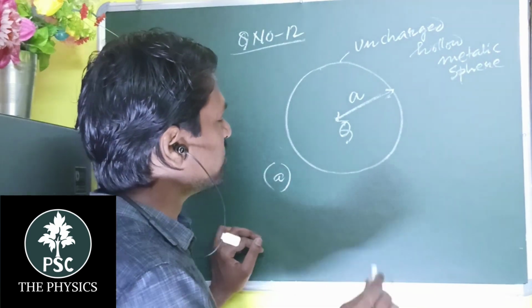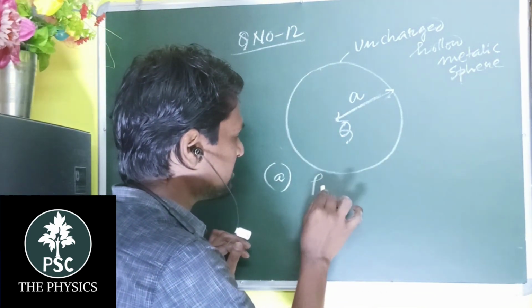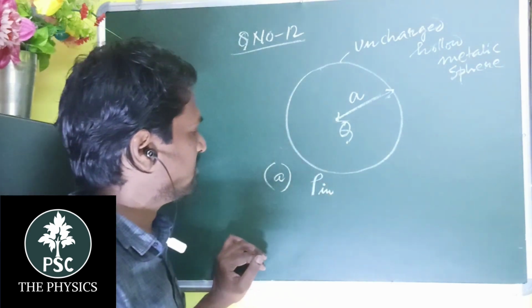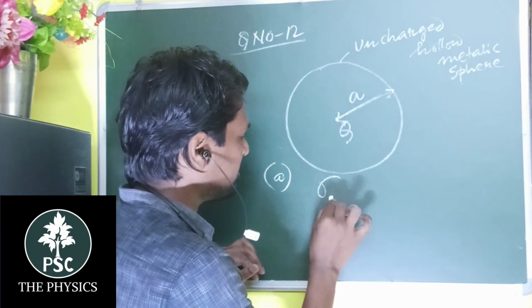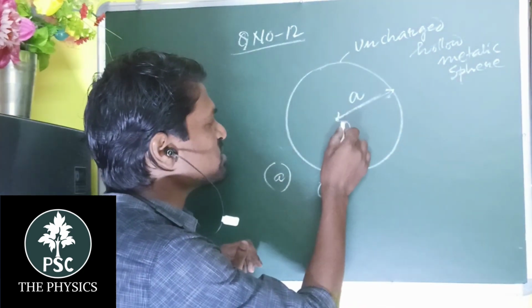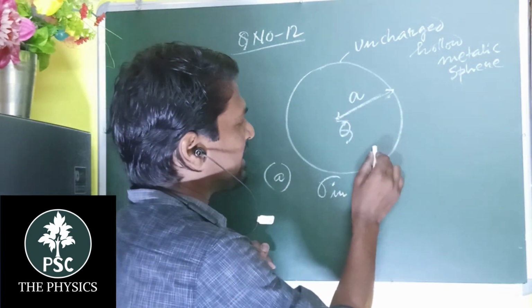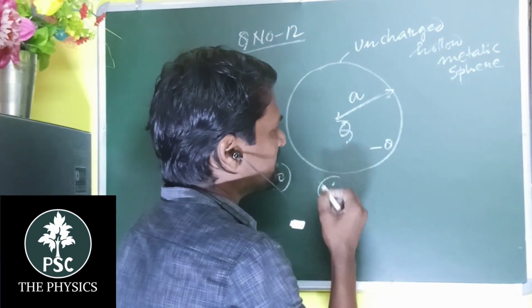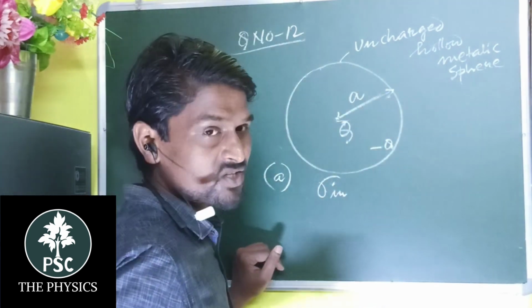So you have to calculate the charge density inside. The charge density we can write as sigma inside the sphere. If Q charge is kept at the center, then minus Q charge is induced within the inner surface.